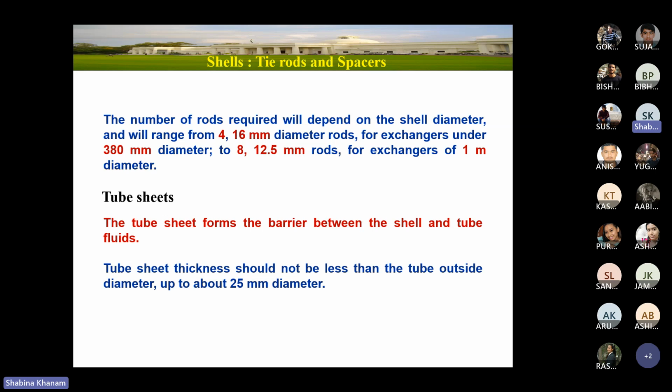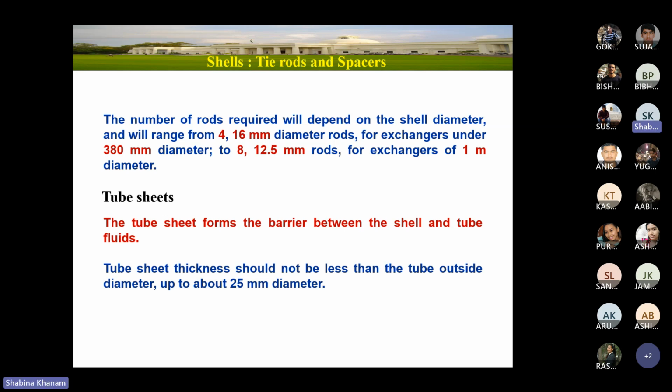So the tube sheet thickness should be sufficient. And how can we decide that sufficient value? Tube sheet thickness will never be less than 25. But if the OD of the tube is more than 25, you should choose a tube sheet thickness equal to the OD of the tube.